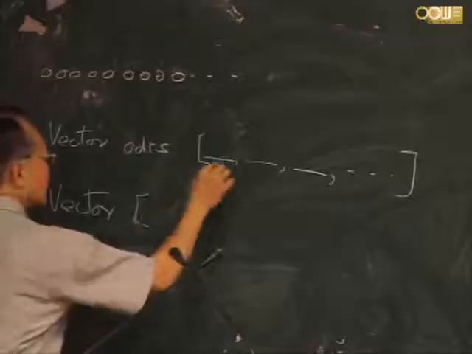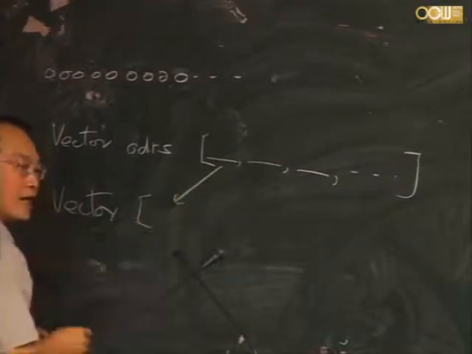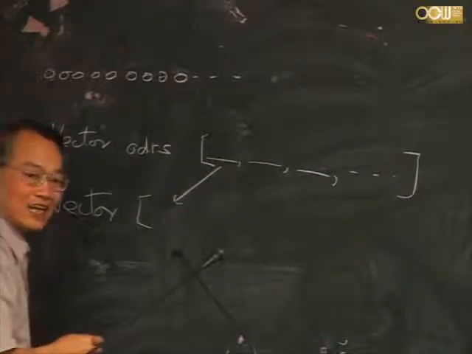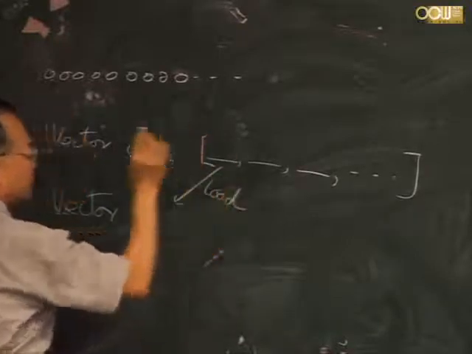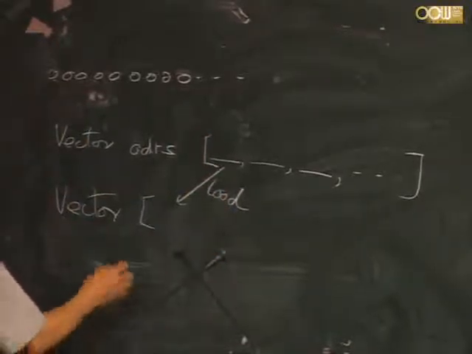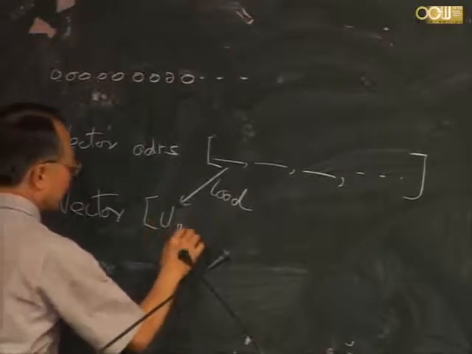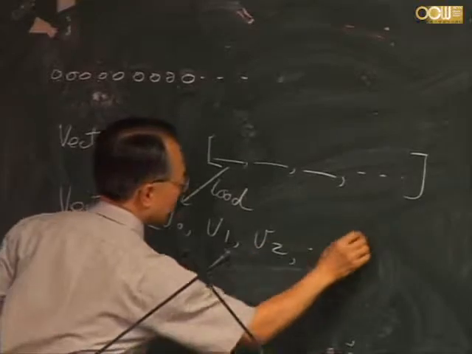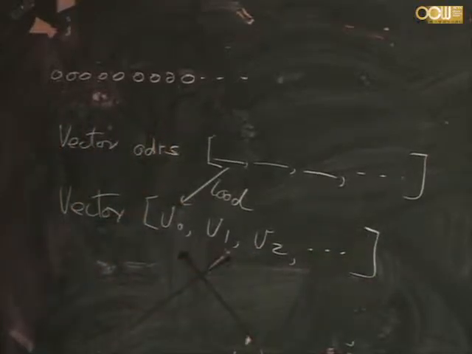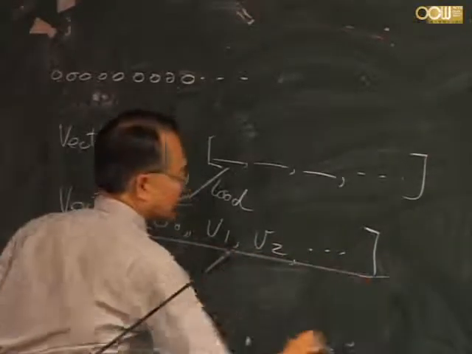So you are actually doing a direct addressing load. So this is a load operation to get variable 0, variable 1, variable 2, etc.